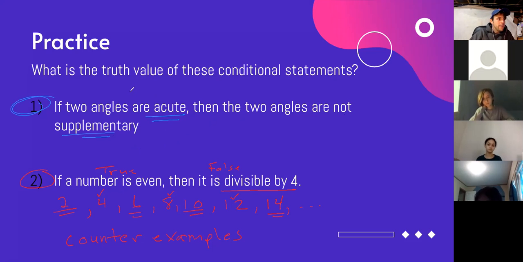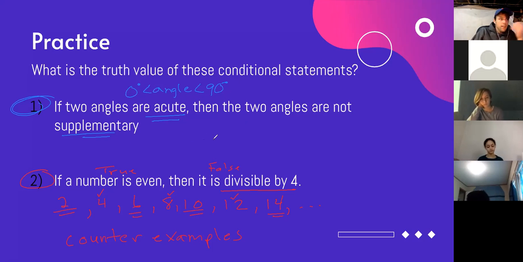So acute means that our angle is between 90 degrees and 0 degrees. So it's greater than 0, but it's less than 90. Strictly greater and strictly less than in this case, because a 0 degree angle is not acute and a 90 degree angle is not acute. It has to be in between those.